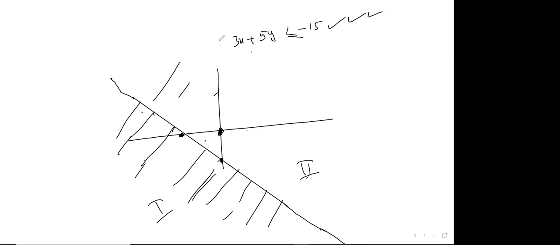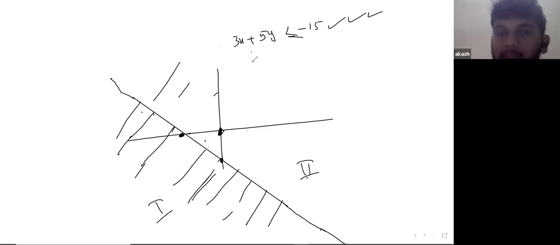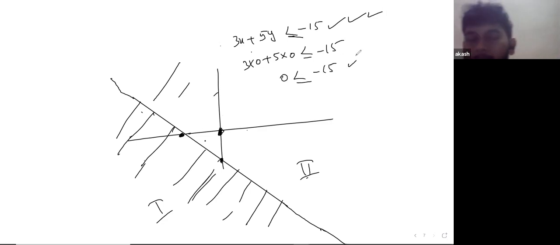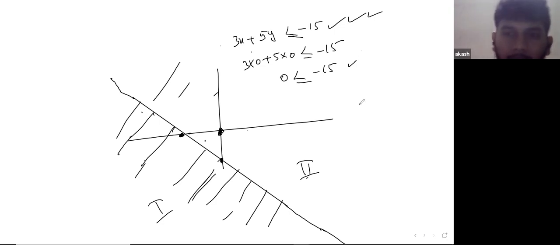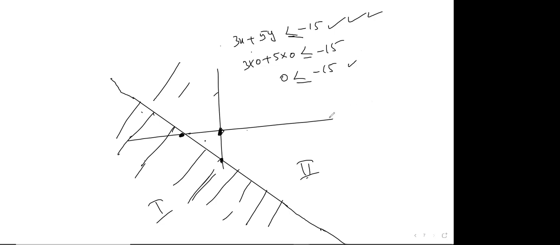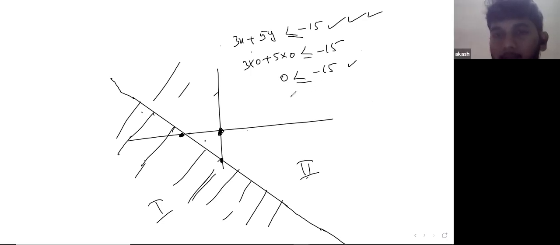So I'm putting the value of origin in this. 3 into 0 plus 5 into 0 is less than or equal to minus 15. So 0 should be less than or equal to minus 15. Is this true or false? 0 is not less than, 0 is greater, right? This is a negative number.